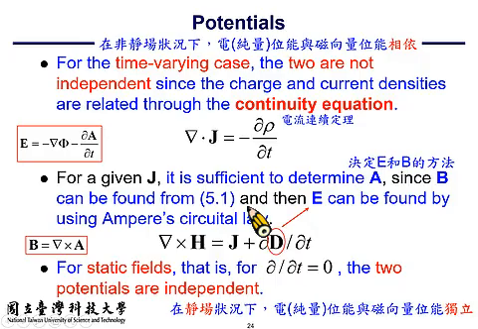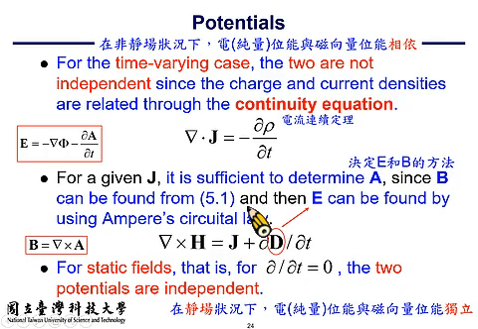And now let's move on to the other two Maxwell equations. If we look at Ampere's circuital law, that is the curl of H equals J plus the time derivative of D, the electrical flux density.